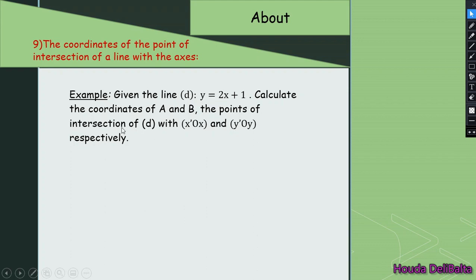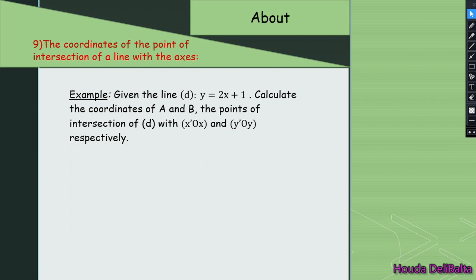All I have to do is to calculate the coordinates of A and B, the points of intersection of D with x prime Ox and y prime Oy respectively. That means this straight line D is intersecting the x-axis at a point A and the y-axis at a point B, and I'm going to find the coordinates of these points.